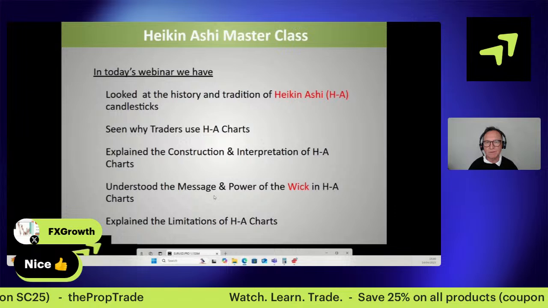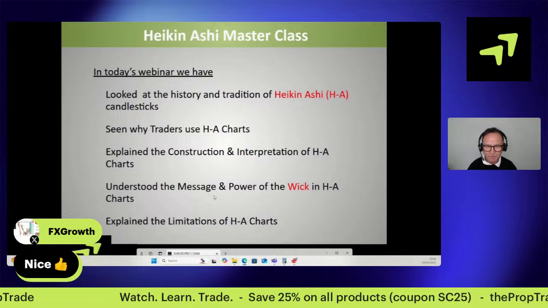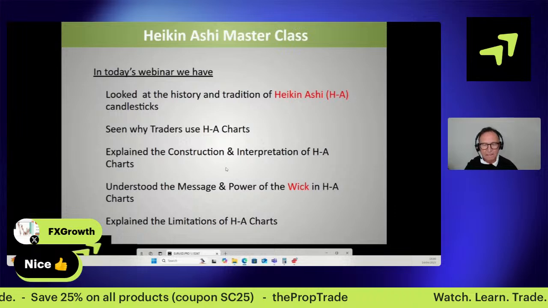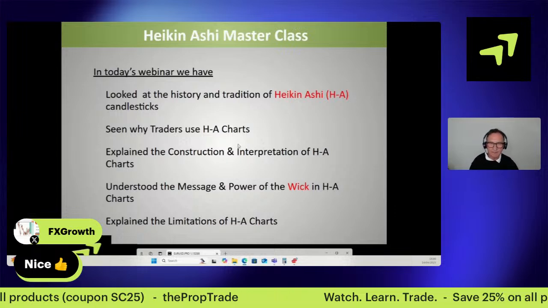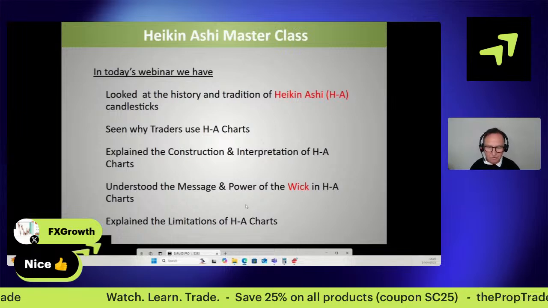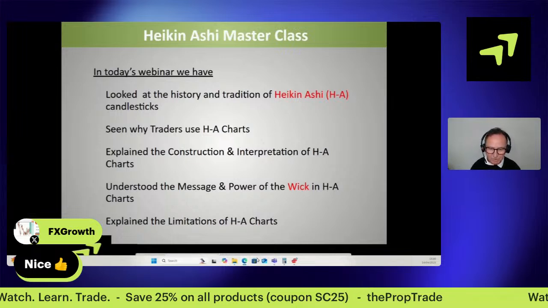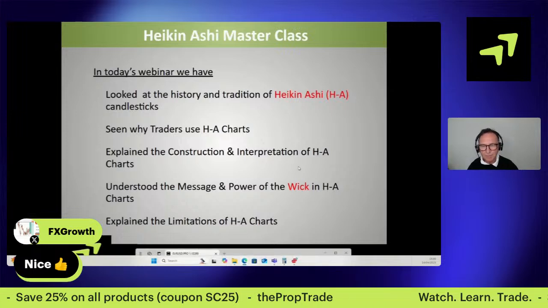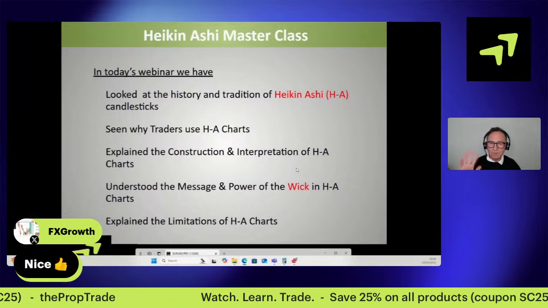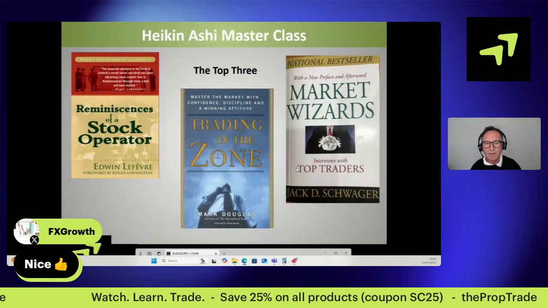We've explained how they are created and how to interpret them. The power of the wick is really important, and I've also explained the limitations of Heikin Ashi candles. As I say, on the TradingView platform, it's very simple. Just click the candle presentation, and you get the Heikin Ashi candles there instead of normal candles, and you can flick between the two, as we just showed there.